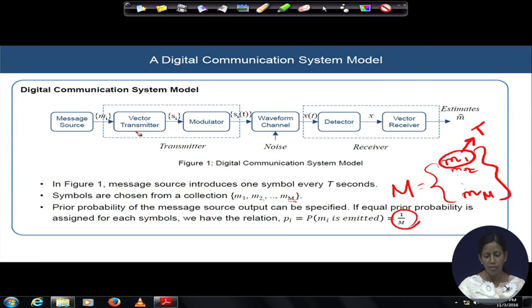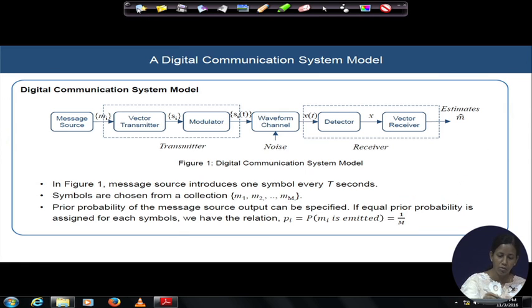The task of this vector transmitter is that, for every real valued signal, it will develop some vector symbol. At the output of the vector transmitter, for every Mi we will see a vector representation of this Mi, which is given by Si.